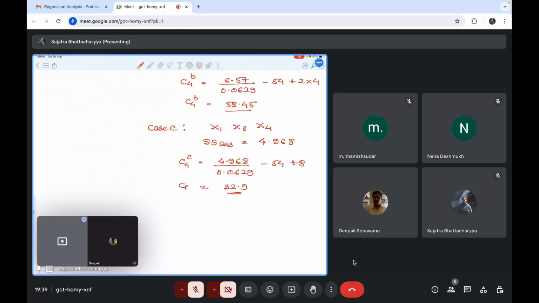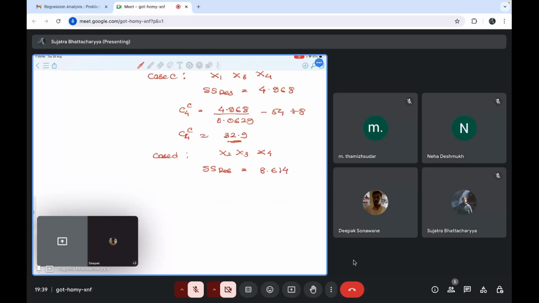So that is C4 of C. And finally, case D, the last part, is X2, X3, X4. Corresponding to that, the SS residual given in the question is 3.614. So C4 of D is 3.614 divided by MS residual of the full model, that is calculated already, minus 54 plus 2 into 4, 8. So that comes out to be about 11.4, C4D.